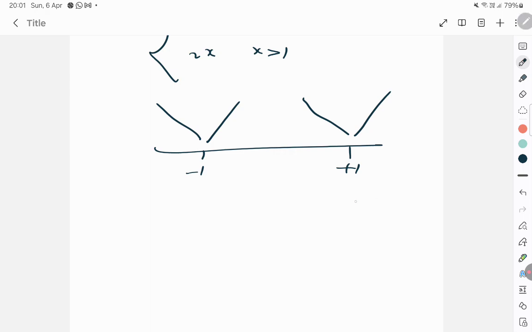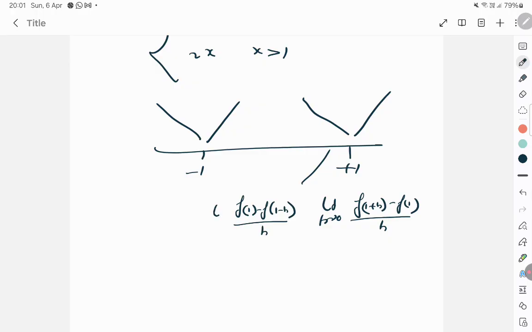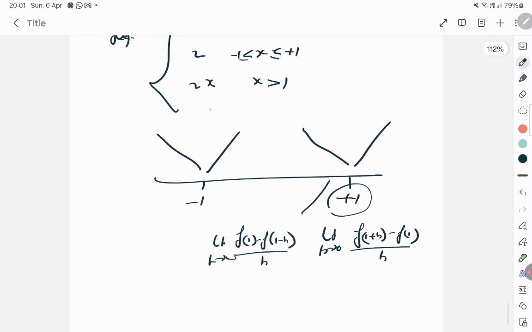You know the formula is f of 1 plus h minus f of 1 by h, limit h tends to 0. And for the left limit of the same one it is f of 1 minus f of 1 minus h by h, limit h tends to 0. I am only doing it for this one. Okay, so 1 plus h means greater than 1's formula. Greater than 1's formula is 2x.